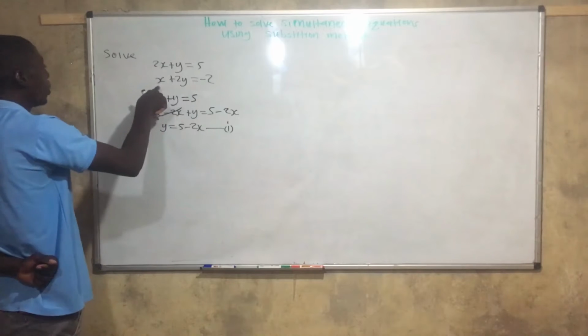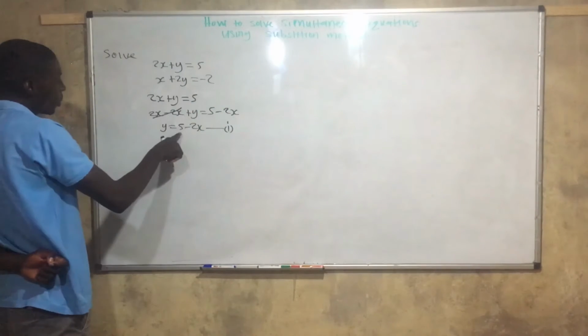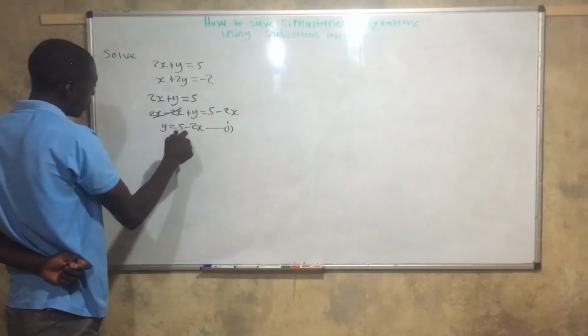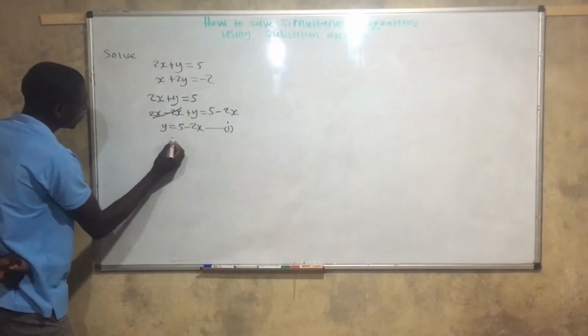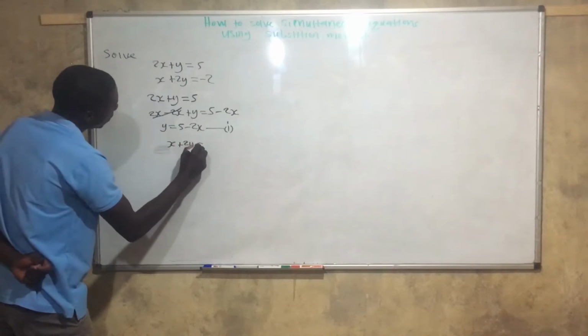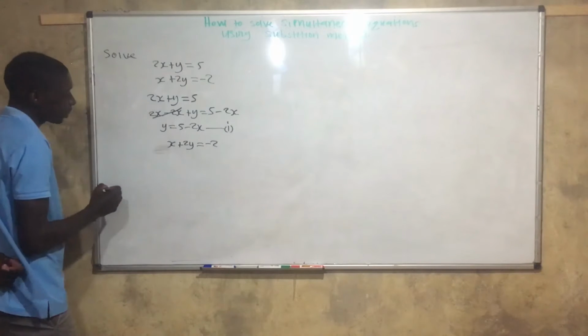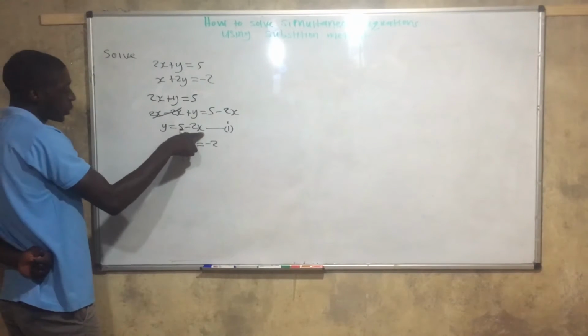So we are going to go to the second equation, where there is y, we replace with 5 minus 2x. So we get x plus 2y is equal to negative 2. Where there is y, we replace with 5 minus 2x.